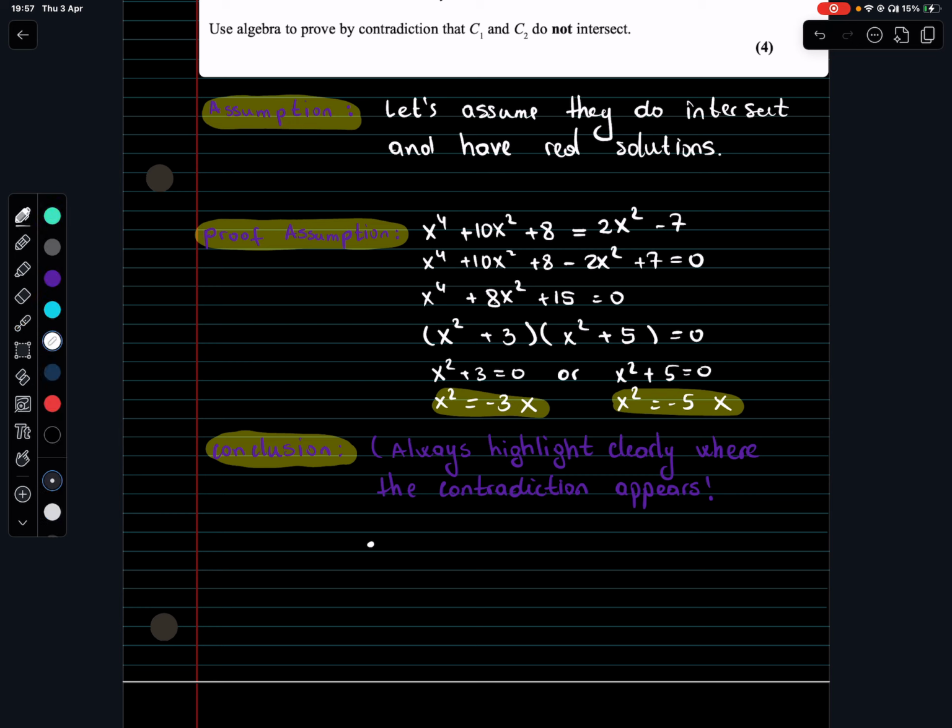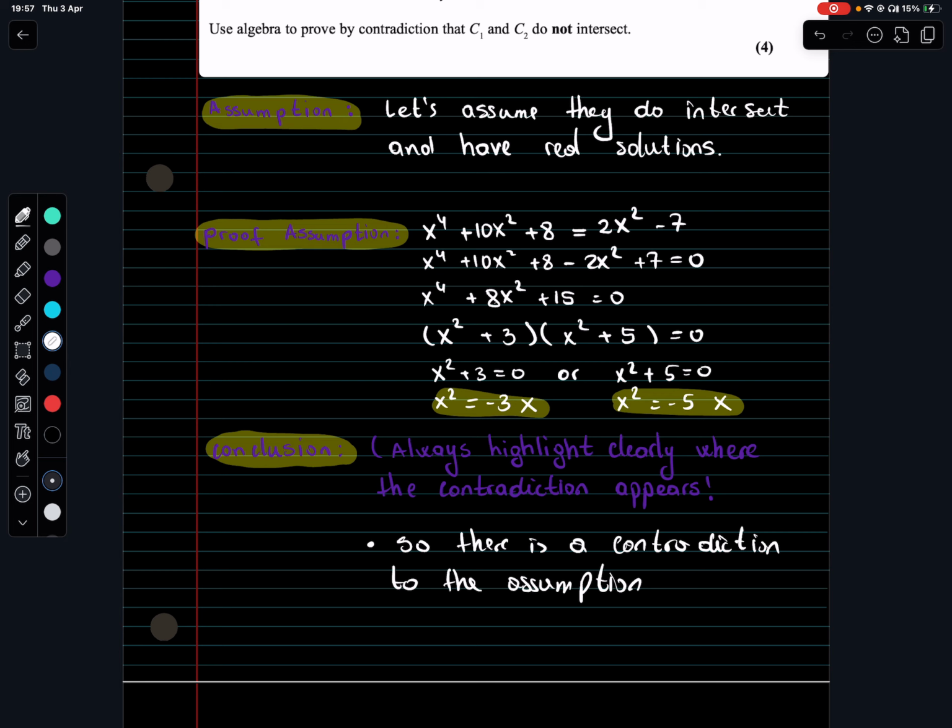At the end, after we complete the solution, the proof of the assumption, you say there is a contradiction to the assumption. What was the assumption? That there's an intersection and the solution is real.